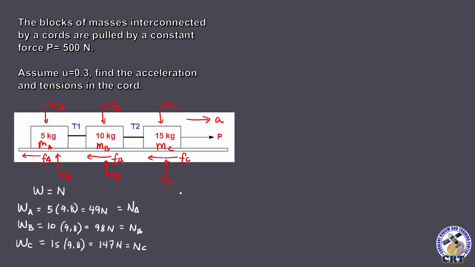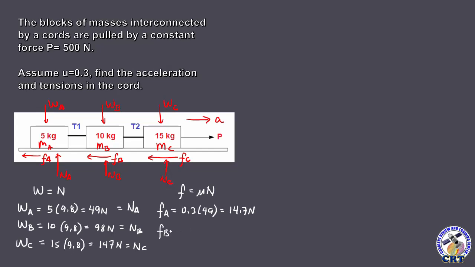Okay, so let us now calculate the frictional forces, which is equivalent to mu times the normal force. So for FA, this is 0.3 times 49 newtons, equivalent to 14.7 newtons.